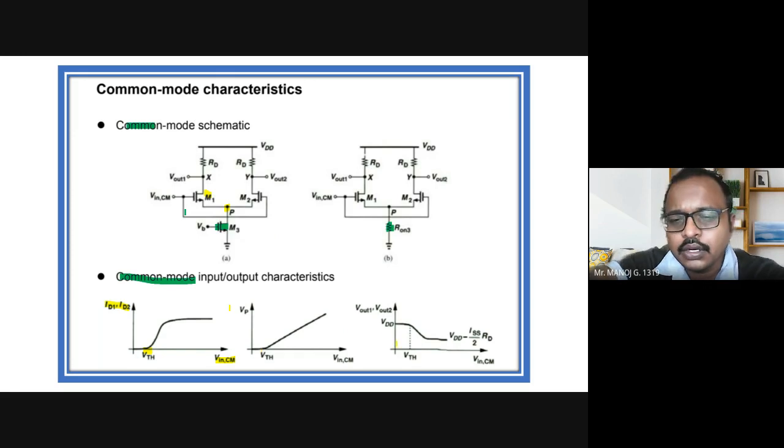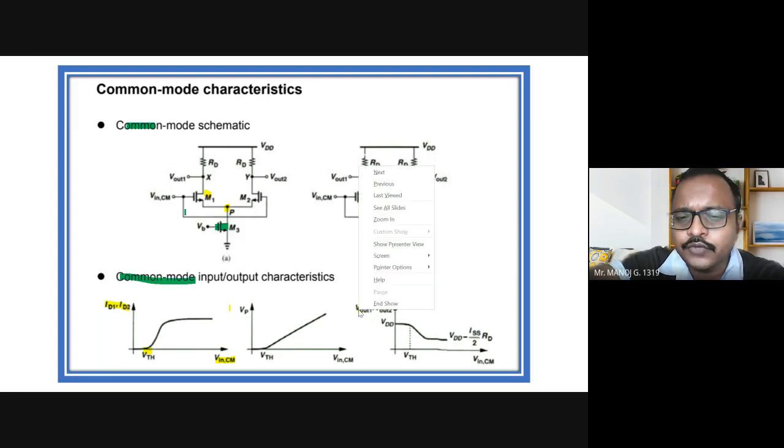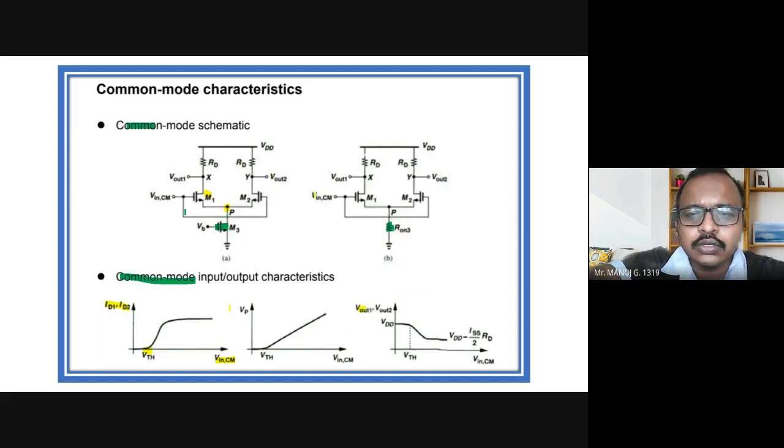Now when you analyze the characteristics with respect to input output voltage, that is with respect to Vout and Vin, we have two Vouts here. One is Vout1, the other one is Vout2. But the input here is only one, so it is VCM. When you plot between VCM and Vout1 and 2, initially you will have the total VDD across this particular terminal.